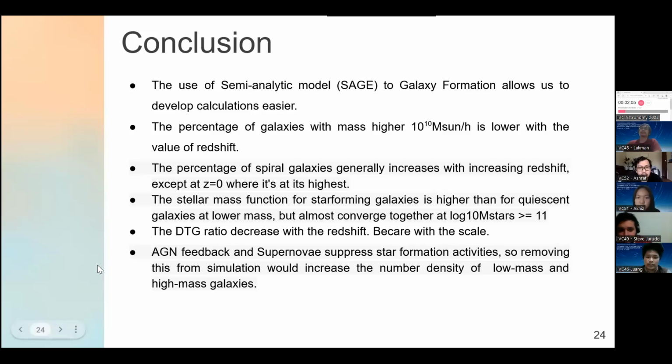The stellar mass function for star-forming galaxies is higher than for quiescent galaxies at lower mass, but they almost converge at log 10 M star greater than or equal to 11. The DTG ratio decreased with redshift. AGN feedback and supernovae suppress star formation activities, so removing them from the simulation would increase the number density of low mass and high mass galaxies.